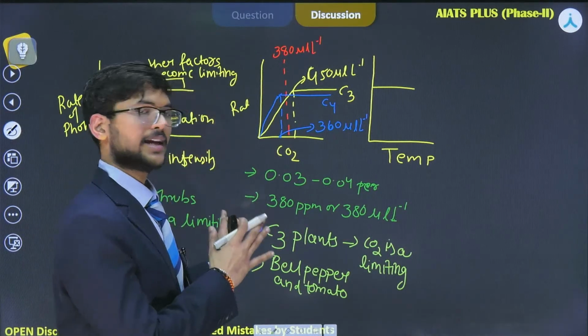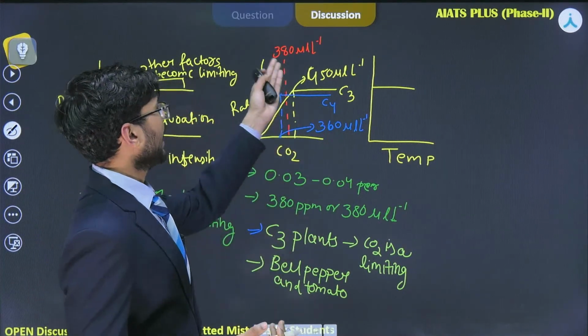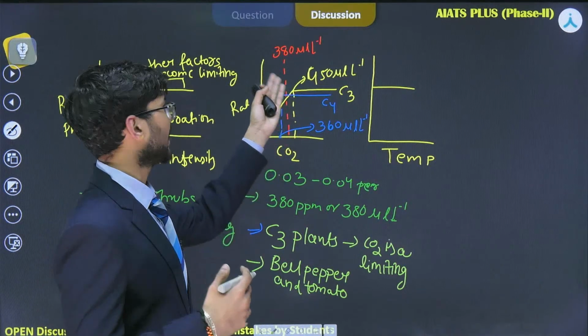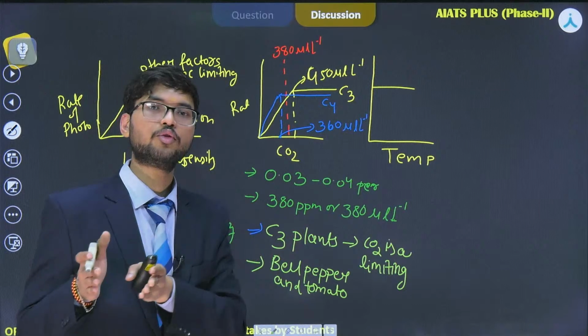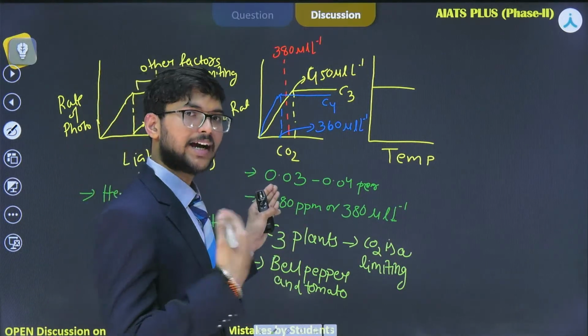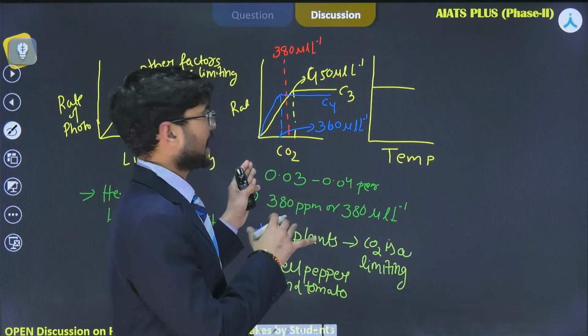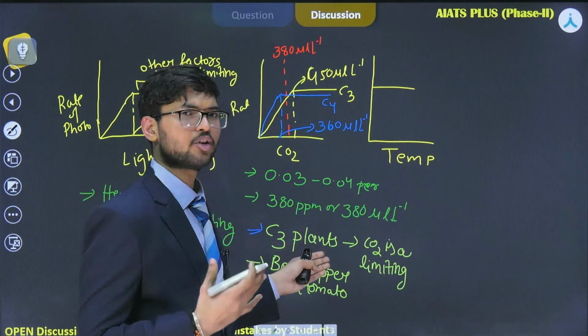You need to understand that carbon dioxide is the major limiting factor because in the environment the atmospheric concentration of carbon dioxide is 380 microliter per liter, or around 0.03% to 0.04%. Due to its atmospheric unavailability, C3 plants are limited by carbon dioxide, while C4 plants are not.